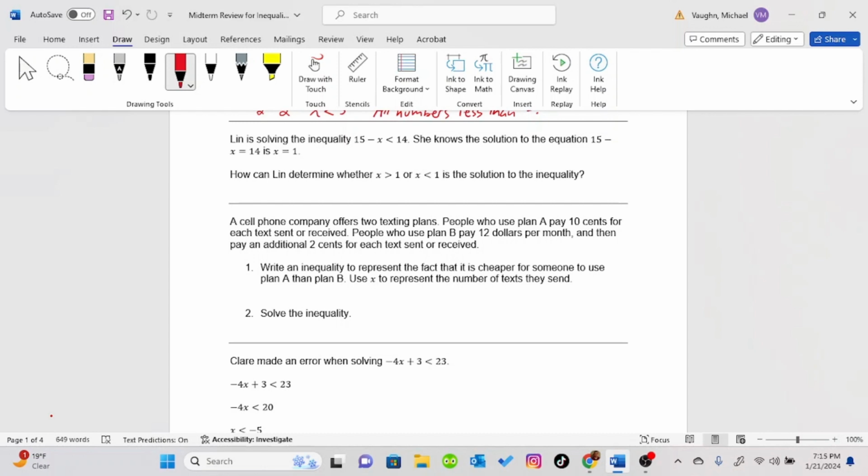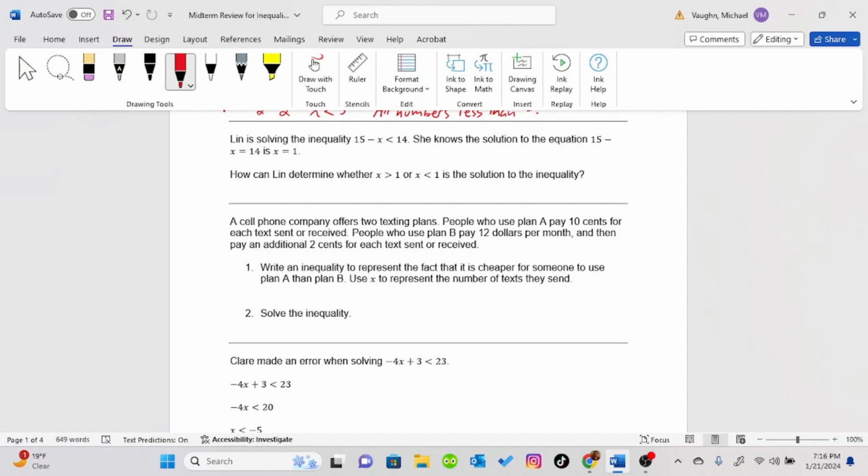To do this, we can pick any number and see if it makes the original inequality true. If it makes it true, then all the numbers on that side of 1 will be the answer. If it makes the statement false, then every number on the other side of 1 will make it true. So my personal favorite number to test, if I can, is 0.